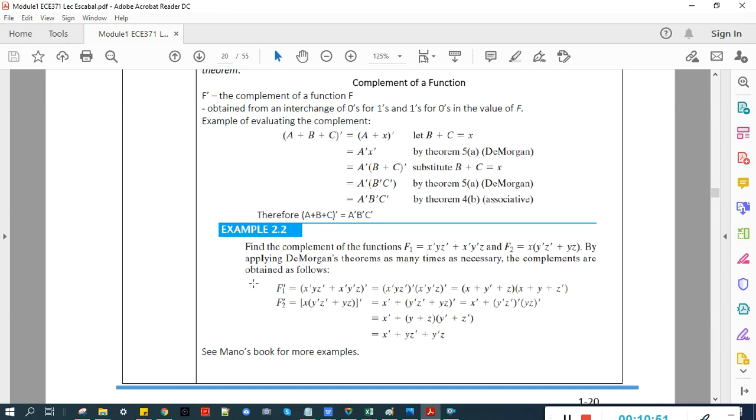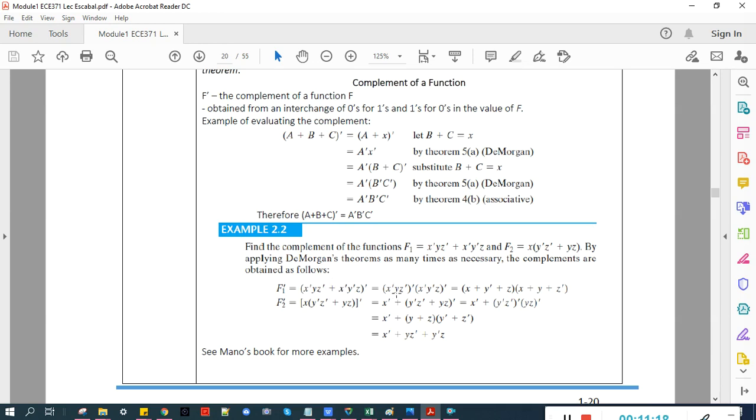So you have here f1. What we are looking for is f1 prime and f2 prime. For f1 prime, we add prime to the quantity. Applying De Morgan's, we first perform the theorem on this OR operation.